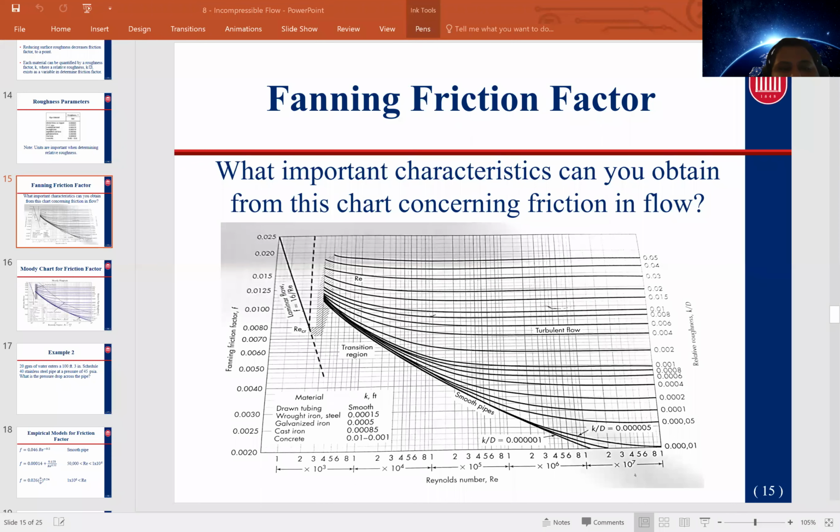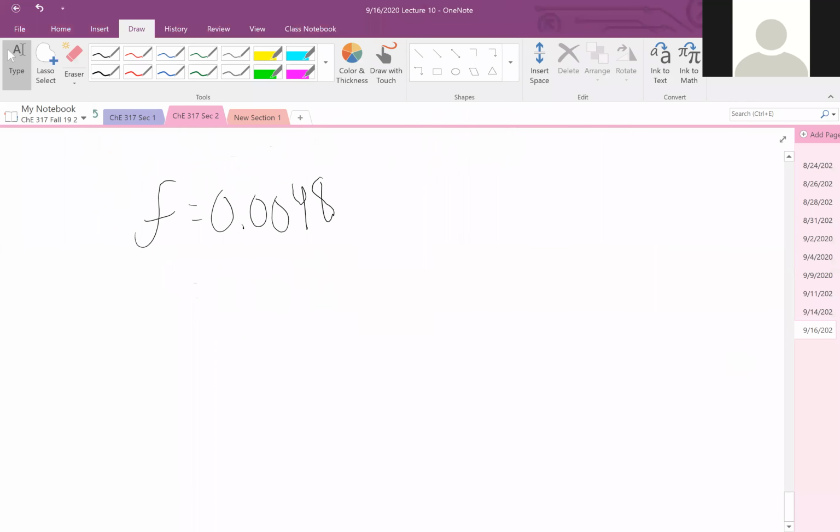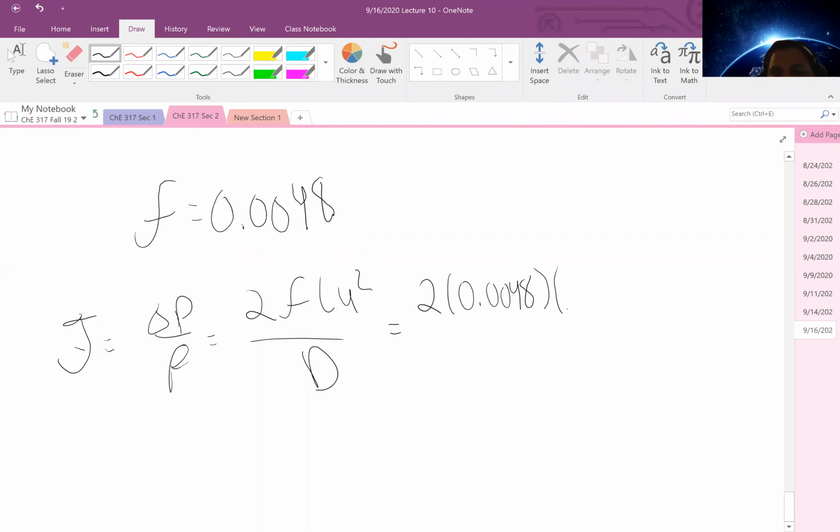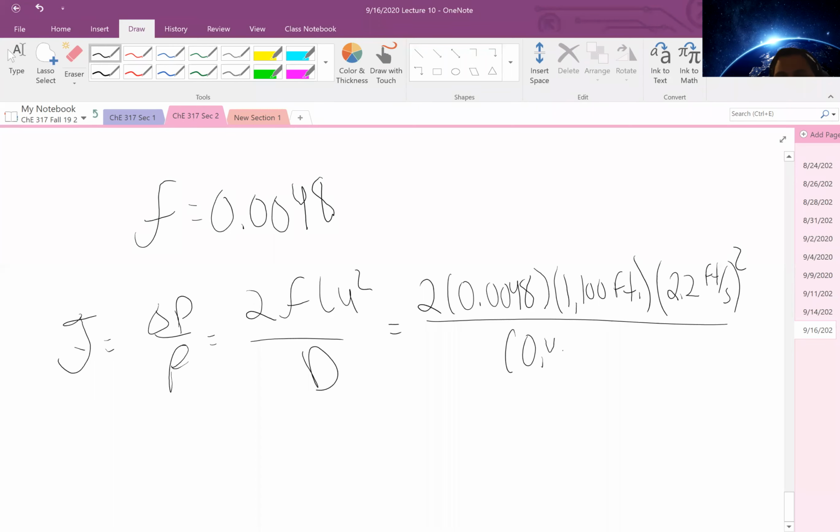So now that we have our friction factor, we can then solve for our friction value. We're on PowerPoint. Thank you. So F is going to be delta P over rho, which is going to be 2FL U squared over D. So we have 2 times 0.0048 times 1,100 feet times U squared, 2.2 feet per second squared, over D, 0.48 feet.